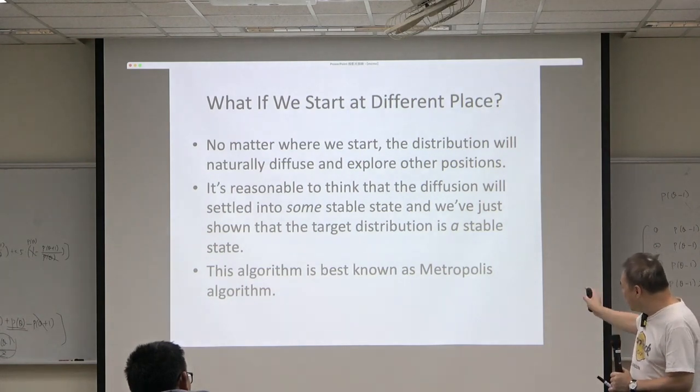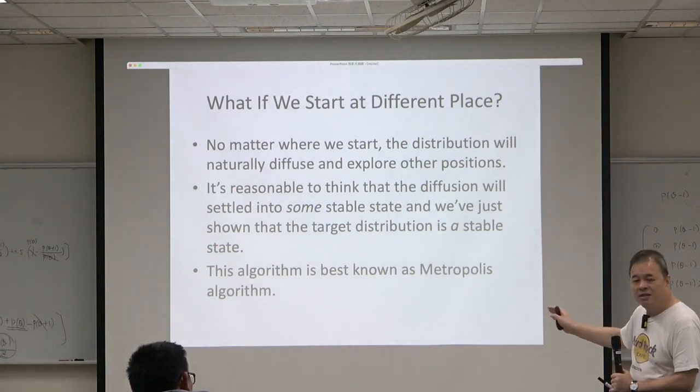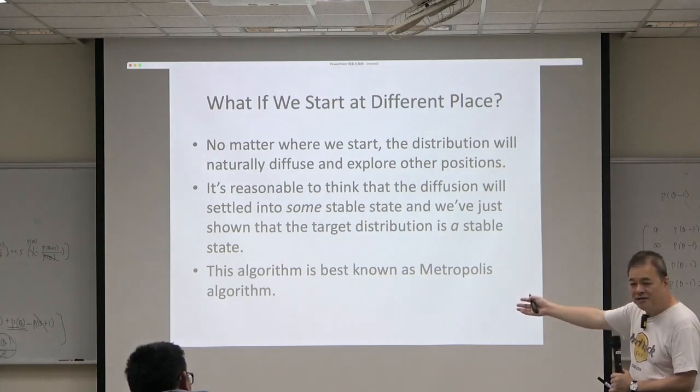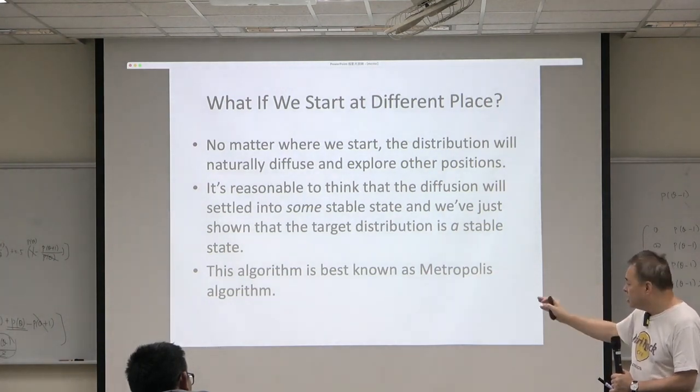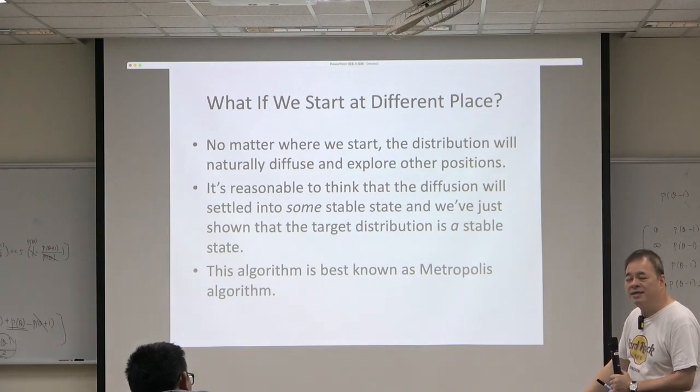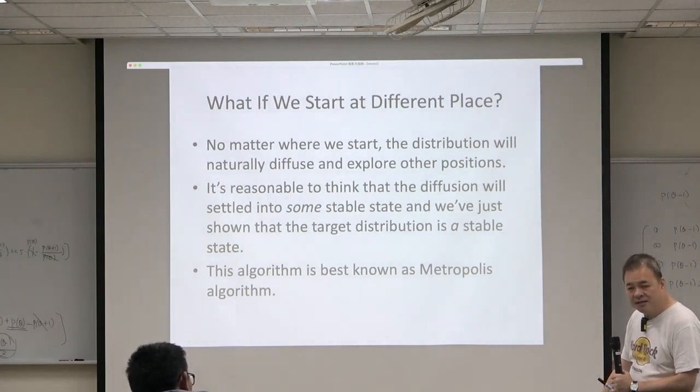We know the target distribution is one stable state, as I already showed you, but we didn't show that there's only one stable state. You may have more than one stable state, so mathematically, this is not exactly a proof.